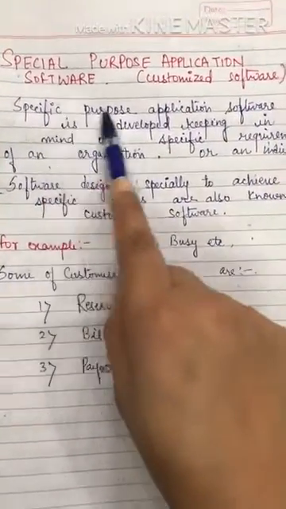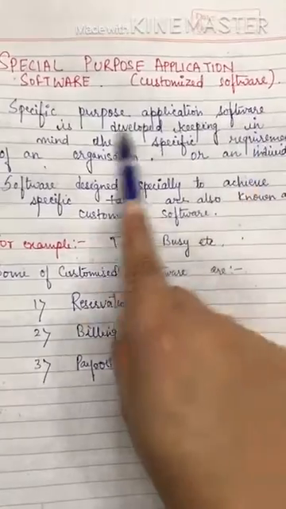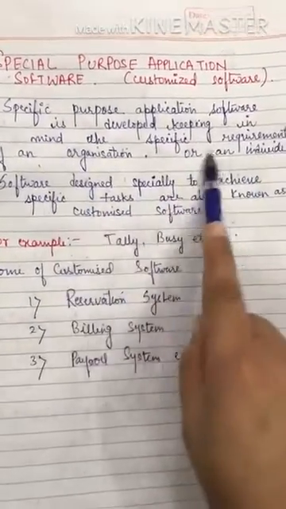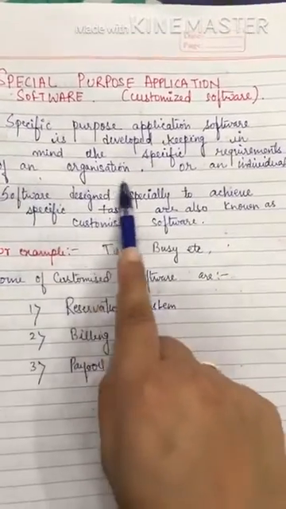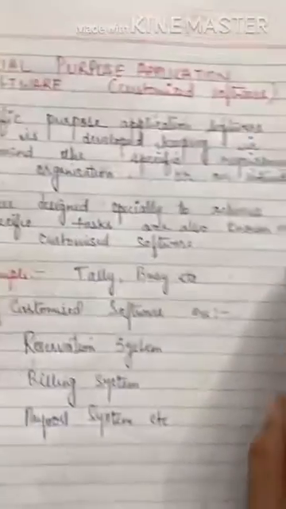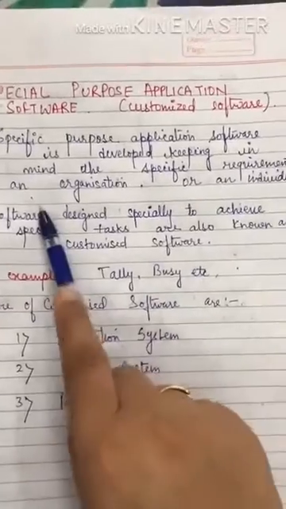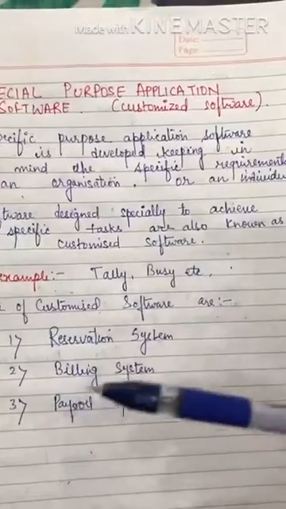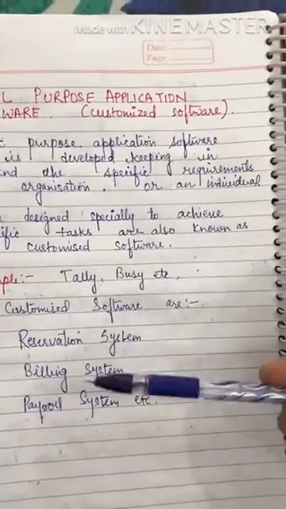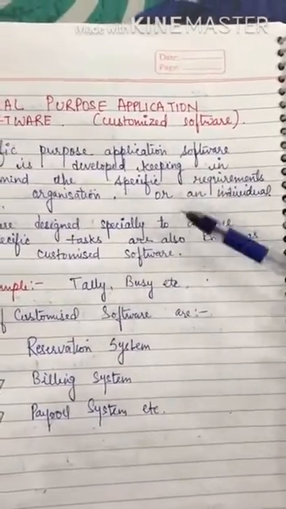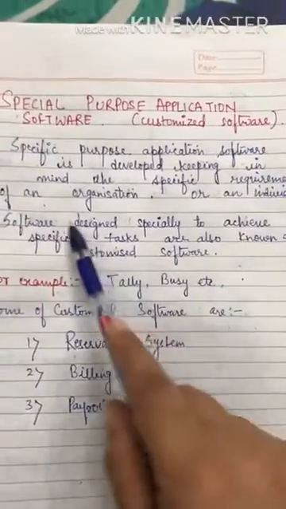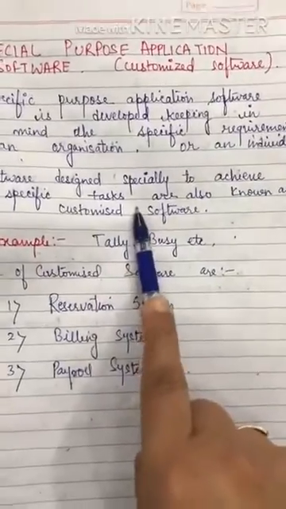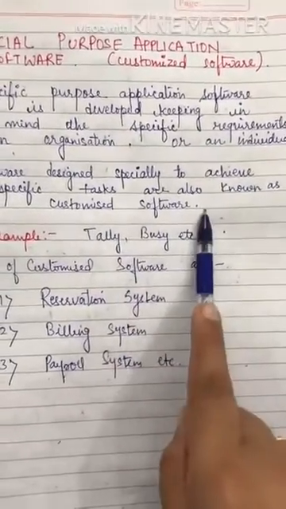It is application software developed keeping in mind the specific requirements of any organization or individual. Means the software designed to meet the specific needs of any user is known as special purpose application software. This software is designed especially to achieve a specific task.